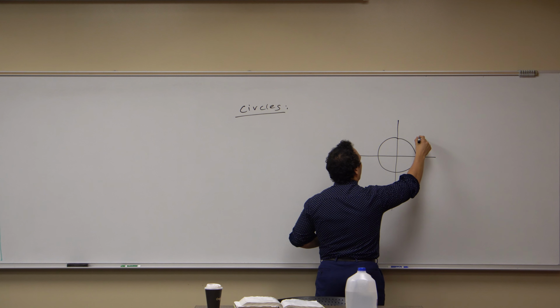Now, recall graph transformations. Our circle does not necessarily have to be centered at the origin. We can have it shifted horizontally or vertically or both.